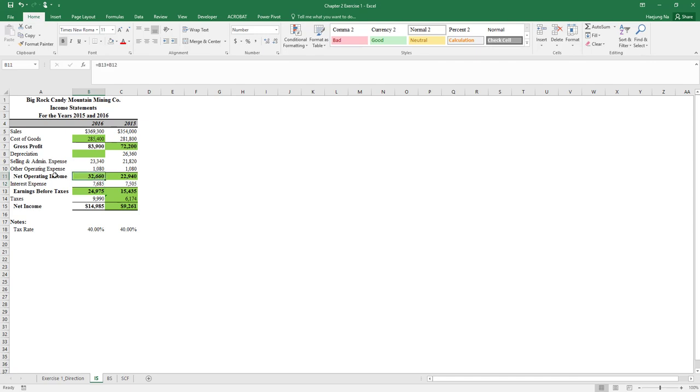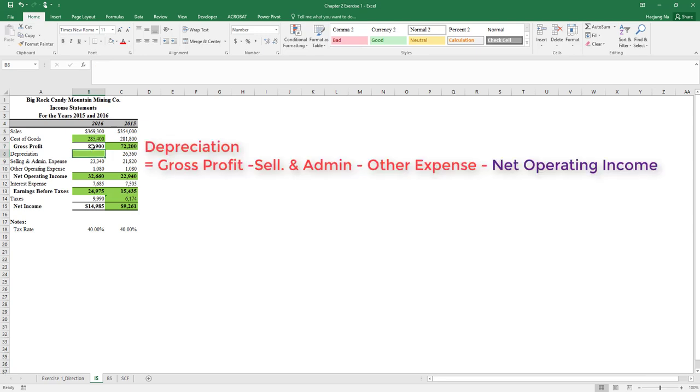Okay, so now that we have net operating income, there's only one missing value that we see. So how do we get depreciation? We remember that from gross profit, we subtracted all the values to reach net operating income. So taking the other way around, this will be obtained by gross profit minus all the other expenses and also net operating income.